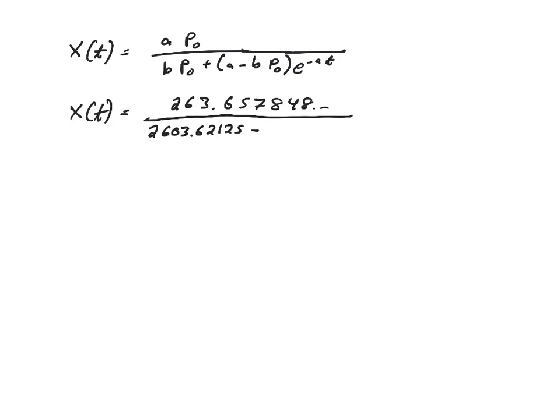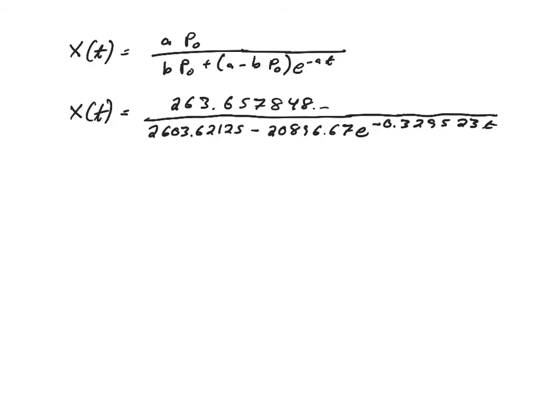And I'm trying to keep all the digits in the calculator when I just make my substitutions. Minus 20896.67... But I'll just leave it at that. E to the negative 0.329523 t. Oh my goodness. Wow. That's pretty cool.